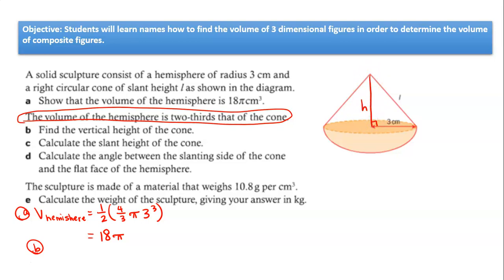They said the volume of the hemisphere, which we just figured out is 18 pi, is 2/3 the volume of the cone. So I'm going to figure out what the volume of the cone would be, and I'm going to have to end up using that to help me find the height.